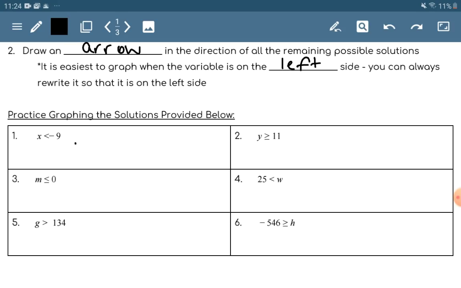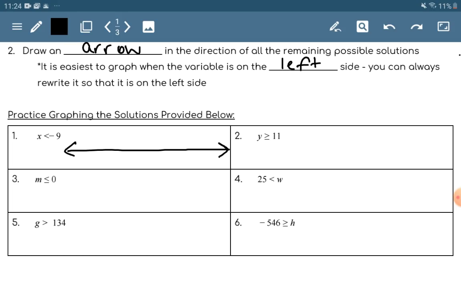And what I always want to start with is just a blank straight number line with arrows on each end. Those arrows show that it keeps going in both the negative and positive direction. A common mistake that people make is thinking you need to have 0 on the number line, and you actually don't. There are a lot of situations, like in number 6, where having 0 on the number line would not make sense and it would take a very long time to do.